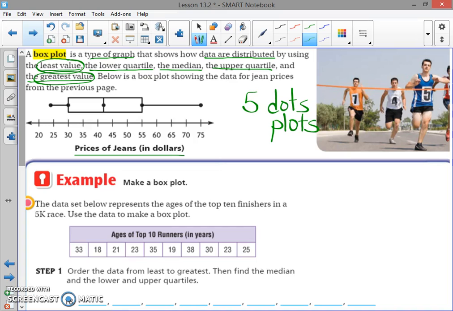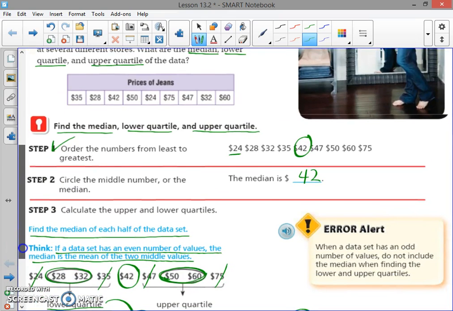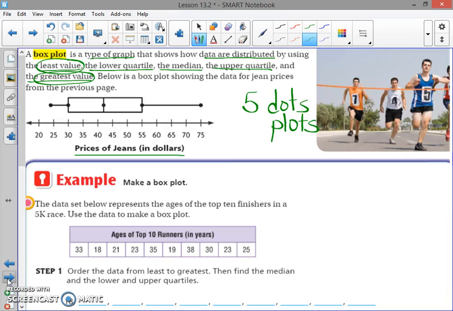Okay, so we know that our lowest number in this set of data, if I go back to it, was 24, and the highest number is 75. So that's why 24 is graphed here, and 75 is graphed here. Makes a lot of sense.